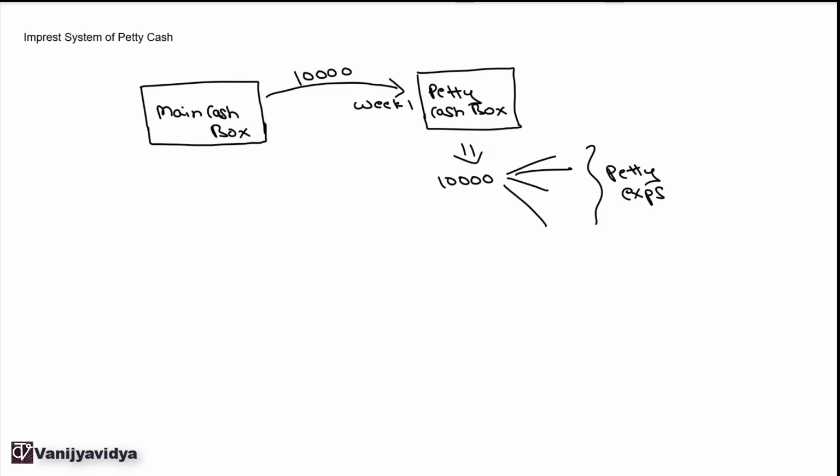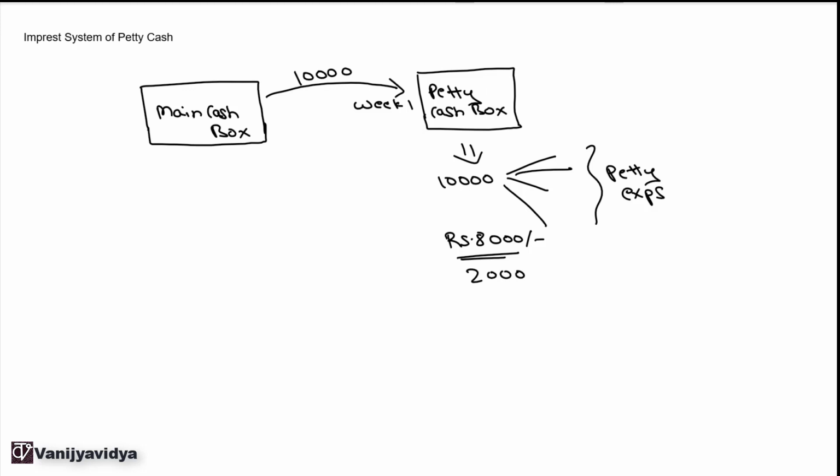Now at the end of the week 1, say petty cashier has spent rupees 8,000 and the balance in the petty cash is 2,000. So as per the policy, the balance at the beginning of the week should be 10,000.